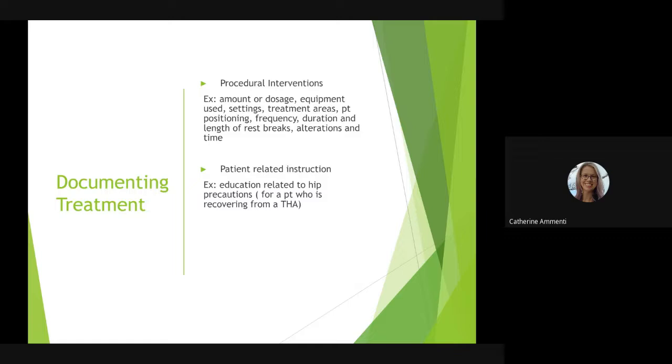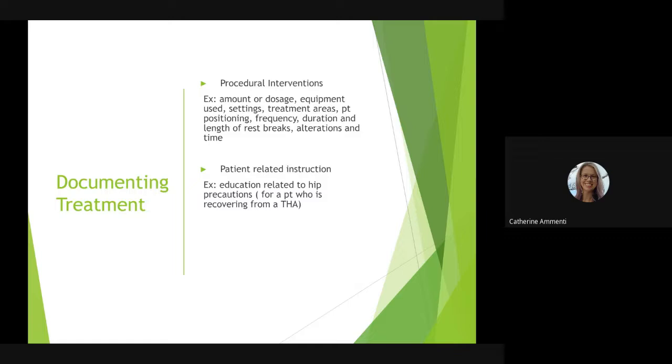Remember, if it didn't get documented, it didn't happen. So if your patient has a total hip replacement, and they dislocate their hip, and there's nothing in the treatment notes that indicates anyone bothered to go over the total hip precautions with them, then that is a liability issue, right? So we've got to make sure that we're educating our patient.